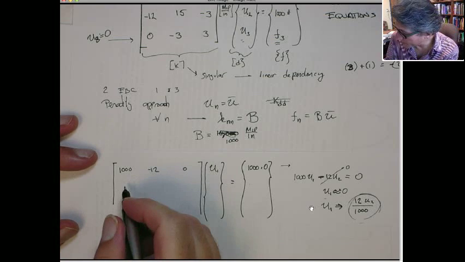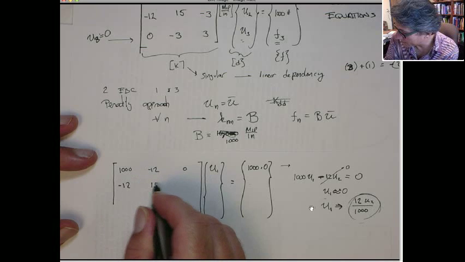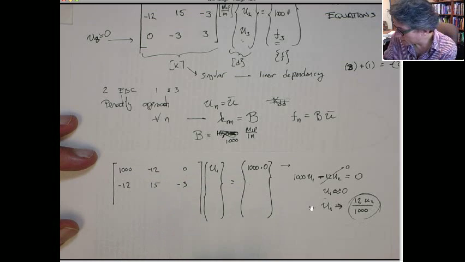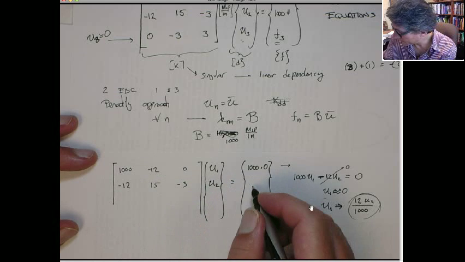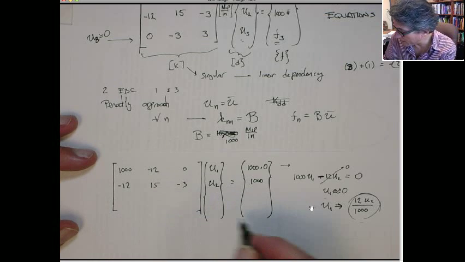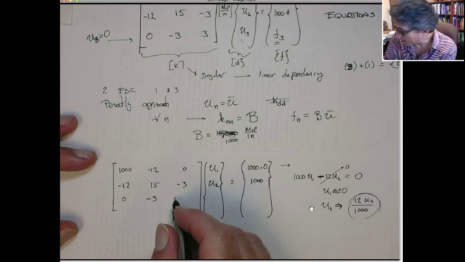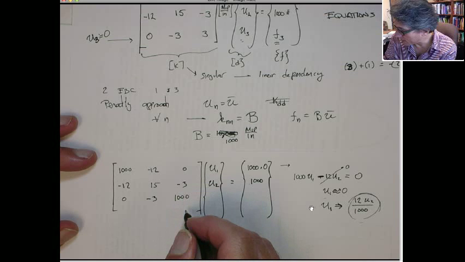Now the second equation we don't have to touch because there's no essential boundary condition there. And now the third equation, again, we have an essential boundary condition, so we'll keep 0, minus 3, and let's put 1,000 here.